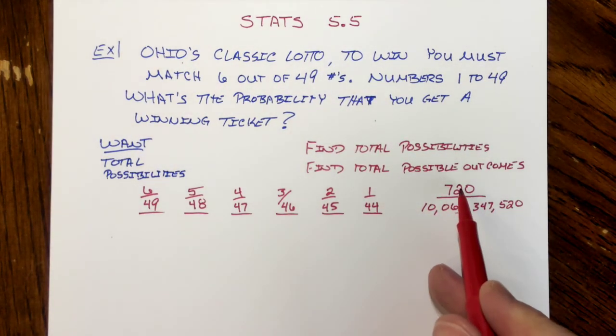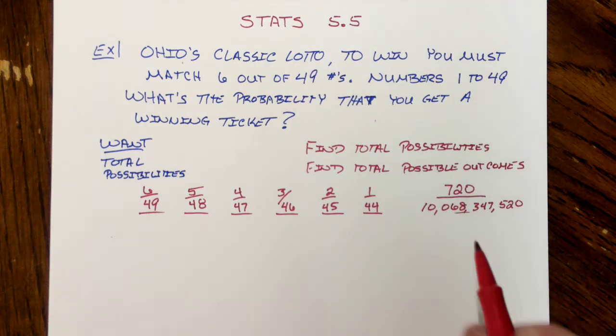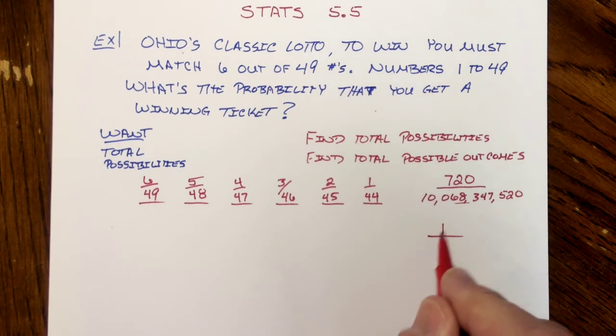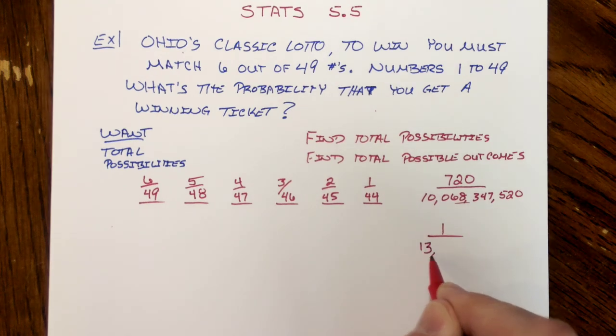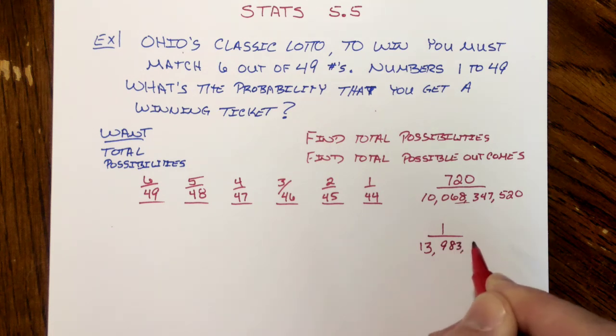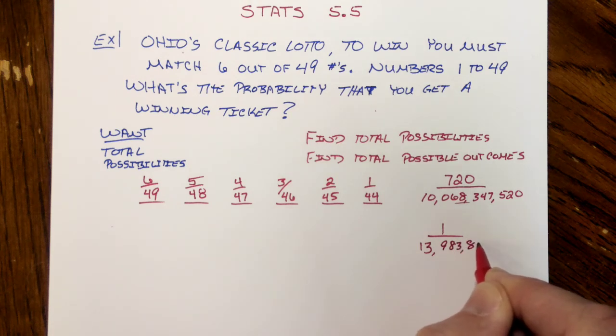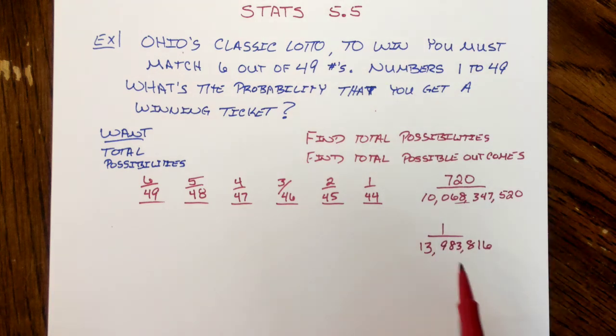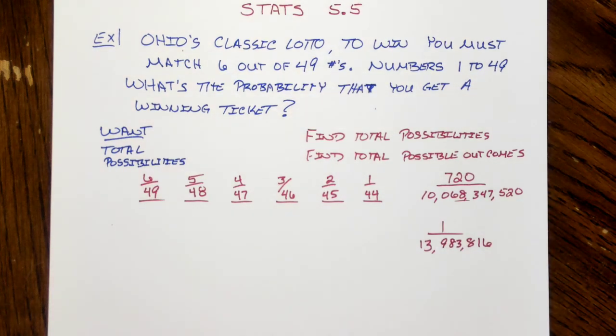We get 720 of them, which we reduce down to a 1 in 13,983,816 chance of winning that, picking the numbers at random.